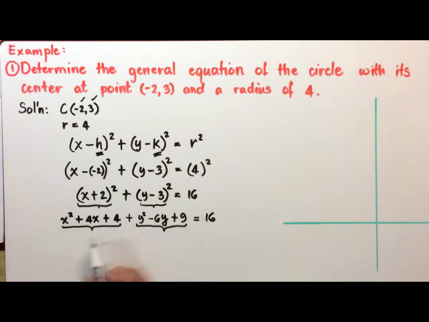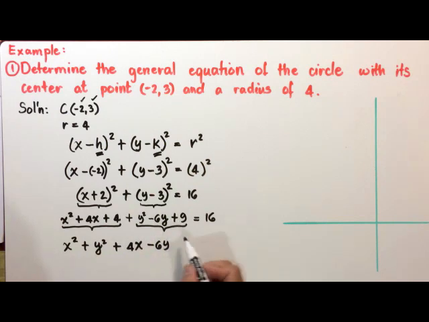So if you combine similar terms, x squared plus y squared plus 4x minus 6y, and then I'll add 4 and 9, which become 13, and then that is equal to 16.